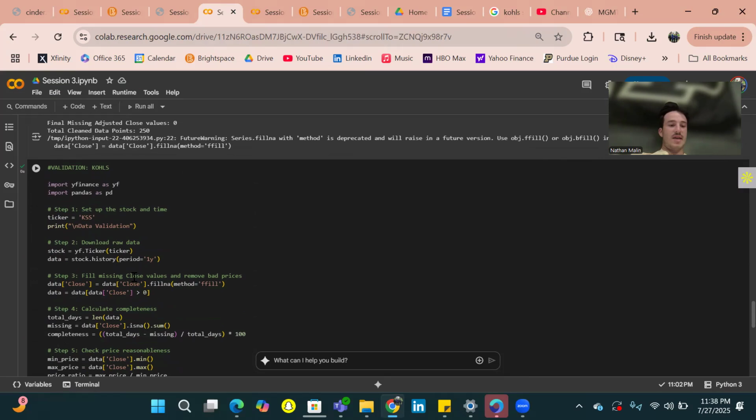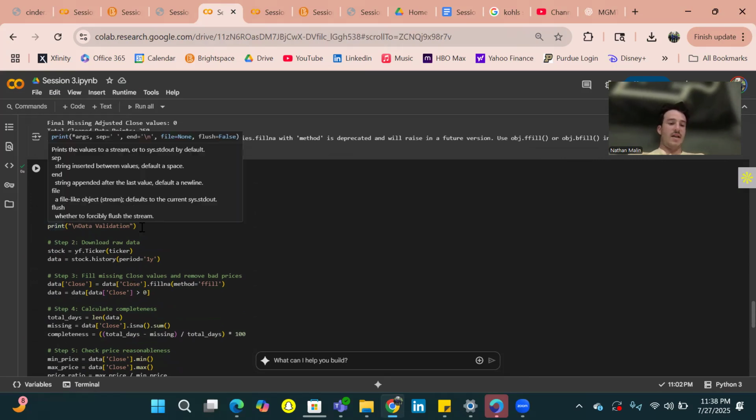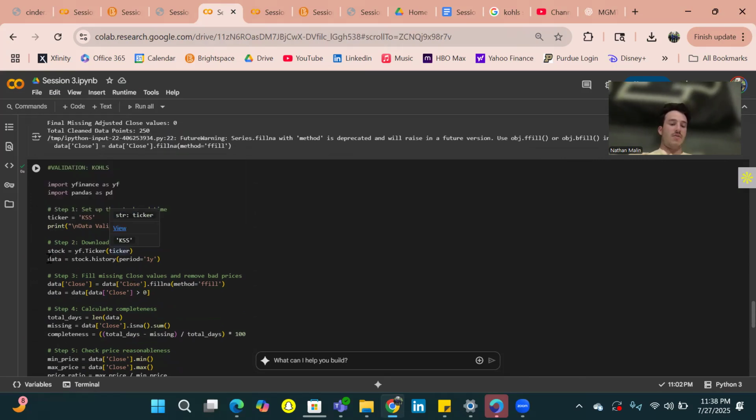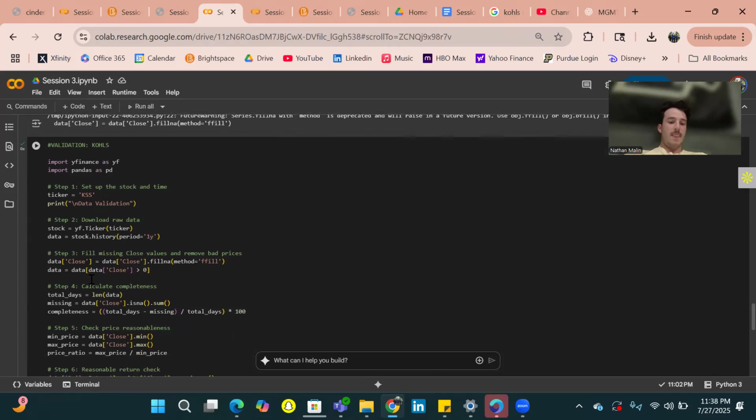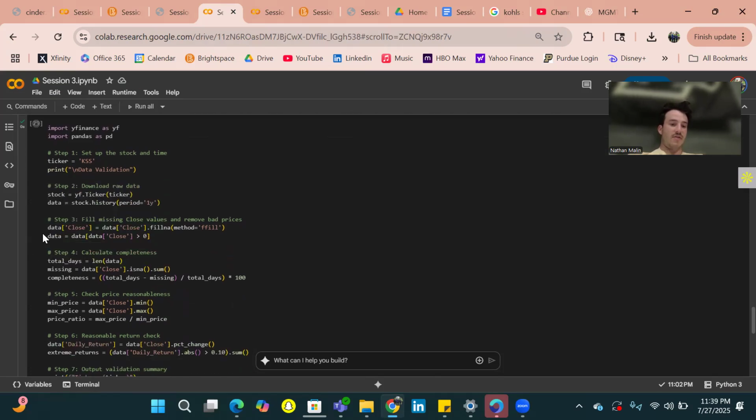And then to validate this, I used the ticker for Kohl's, which is KSS, and I printed a data validation. I wanted to download the raw data for a year period, and I wanted to fill my missing close values and remove bad prices. So here's filling in the missing close values, and then all the bad prices that were not more than zero would be removed.